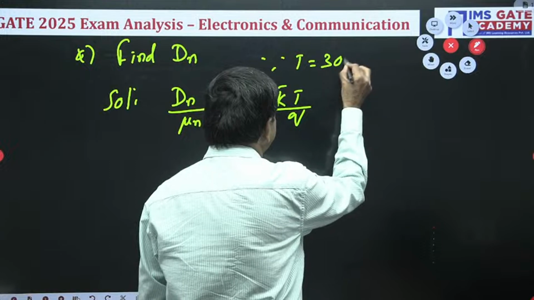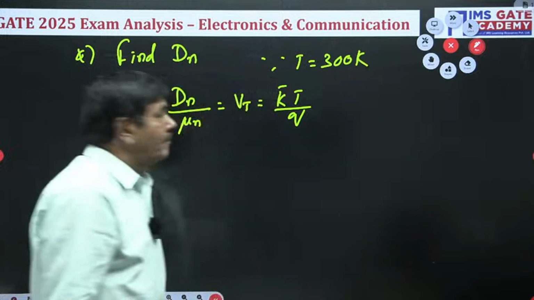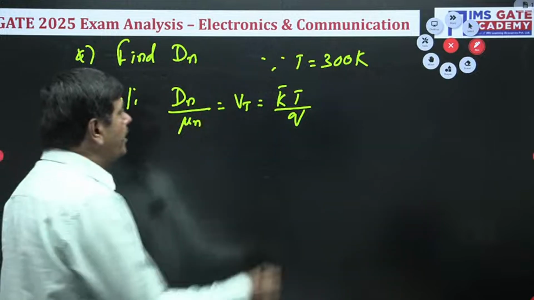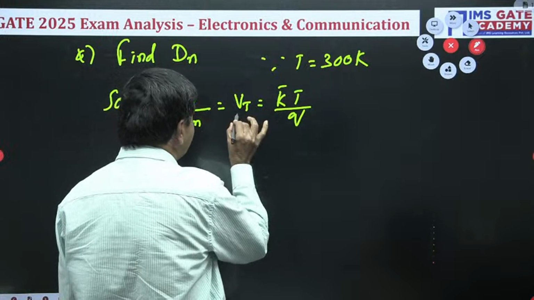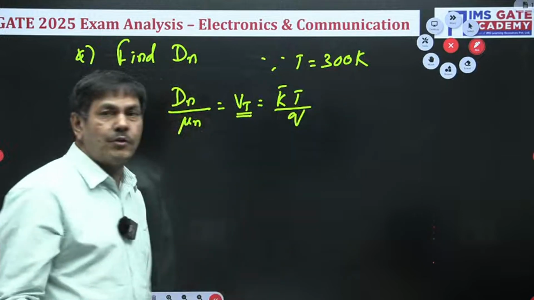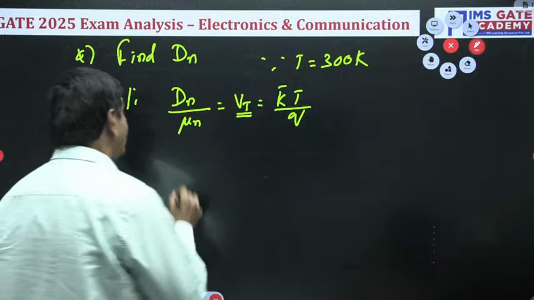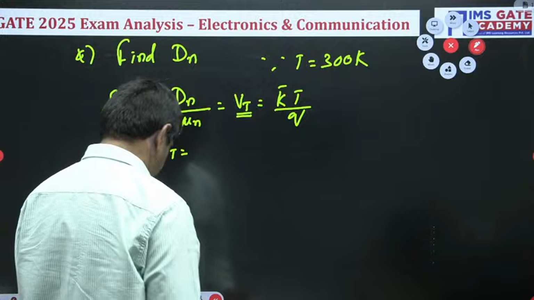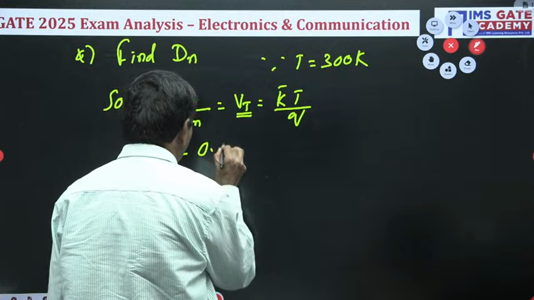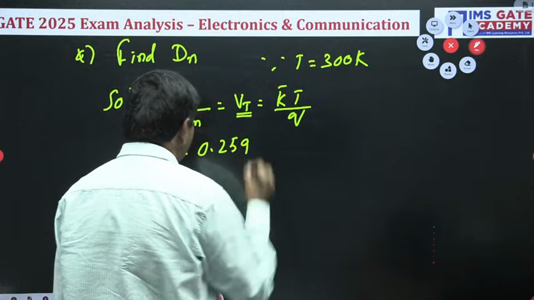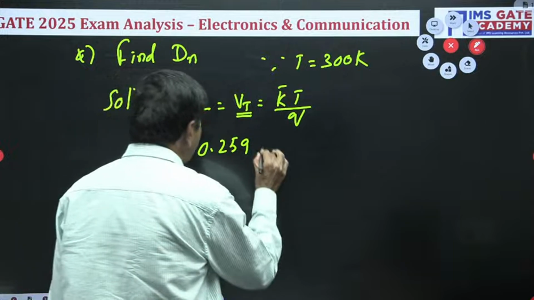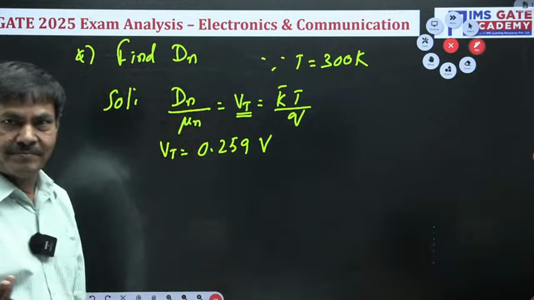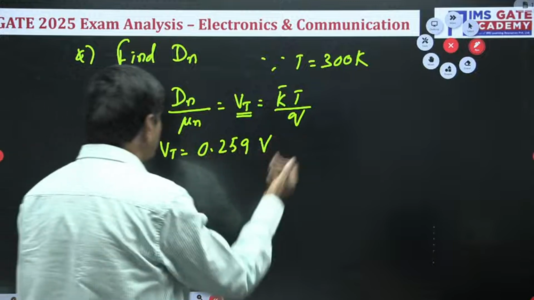You need not substitute directly. The VT value at 300 Kelvin is approximately 26 millivolts, you know very well.